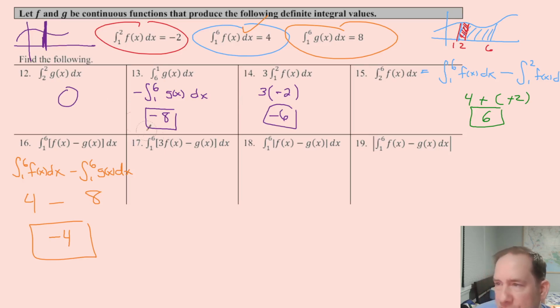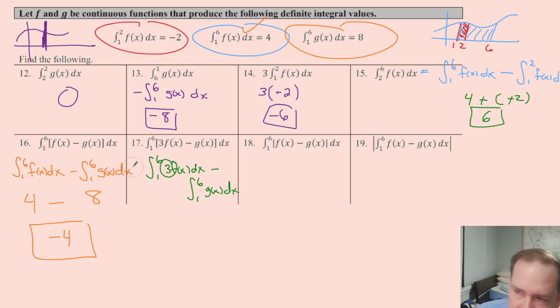And we can break down 17 the same way. This would break down to be the integral from 1 to 6 of 3f of x dx minus the integral from 1 to 6 of g of x dx. And of course, since there's this constant multiple of 3, we could factor that out.